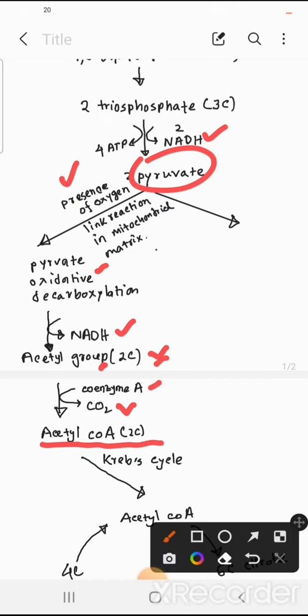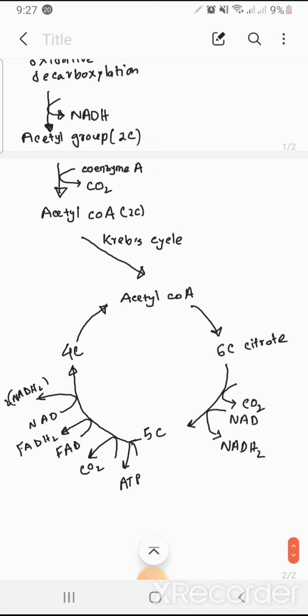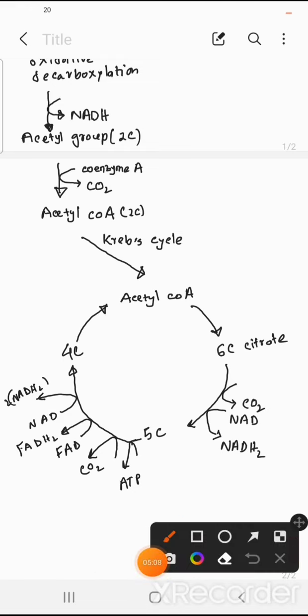This acetyl-CoA then goes to another cycle called the Krebs cycle. It's not crab, C-R-A-B, it's Krebs, the scientist's name. So what does it do? Here is the acetyl-CoA, right? How many carbon does it have? 2 carbon. It first reacts with a 4 carbon molecule.